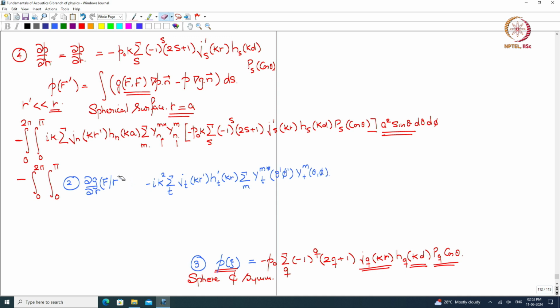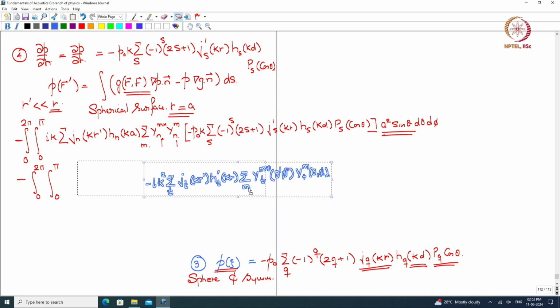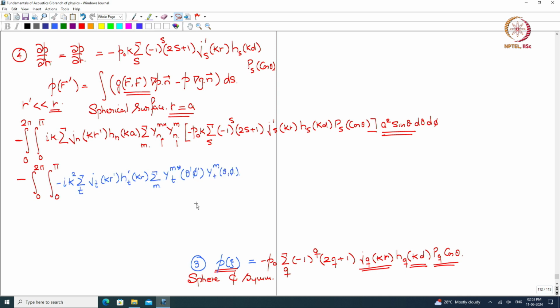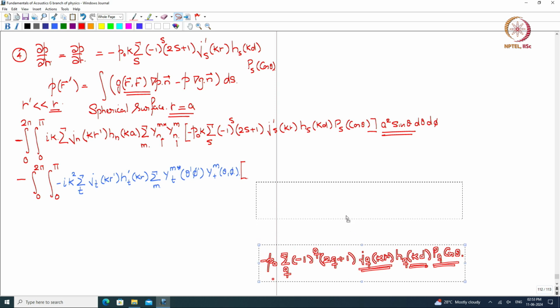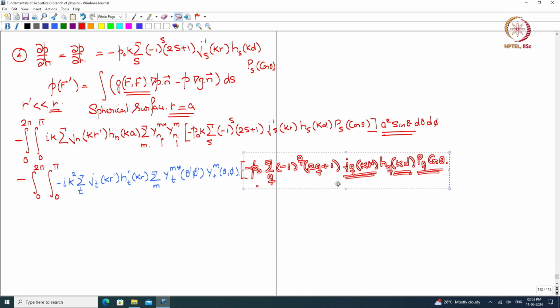So if I erase this and I bring this further down, okay, so that is del G del R. Then if I close the bracket here and I remove this, I bring this up, a square sin theta d theta d phi. Okay. So this is the whole KHIE integral in front of us.